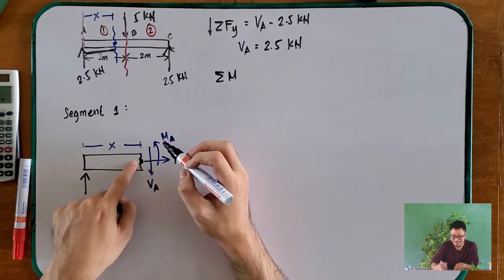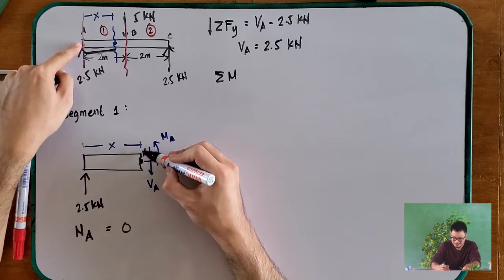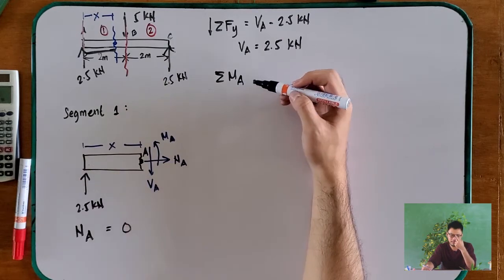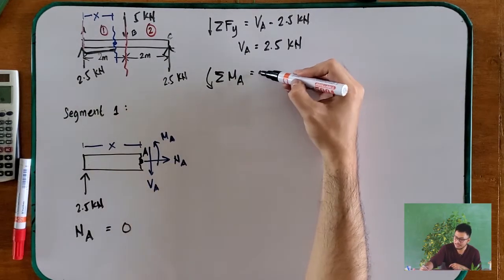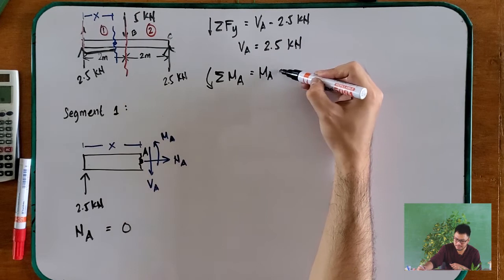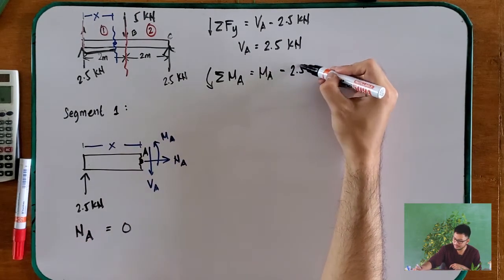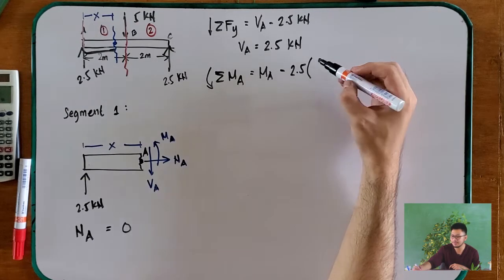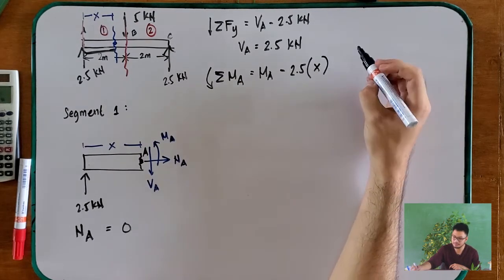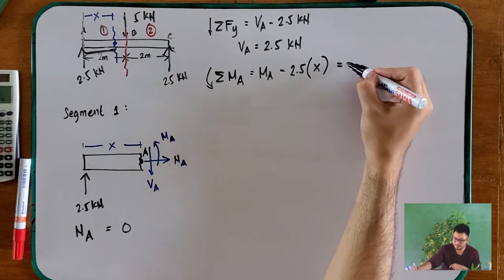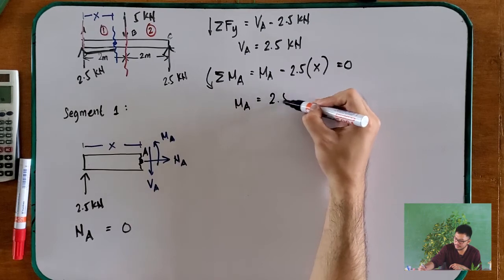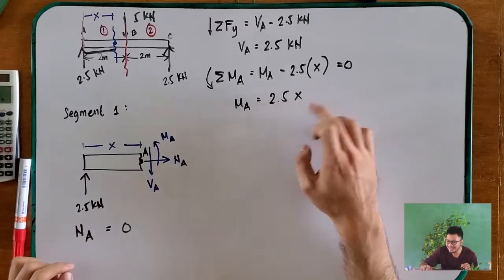Summation of moments at point A is equal to MA minus 2.5 times the moment arm, which is x, equals 0. And your MA is basically 2.5x.